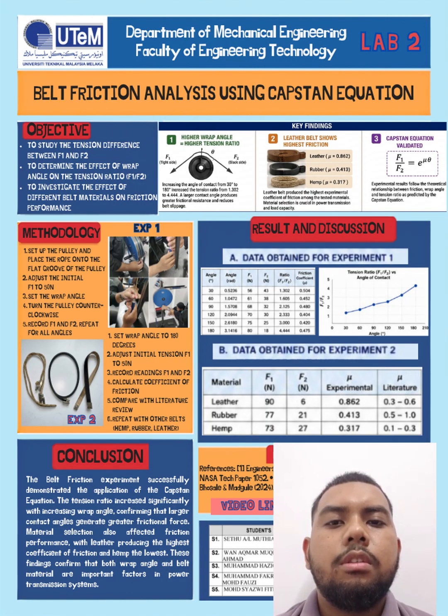Material selection also affected friction performance, with leather producing the highest coefficient of friction and hemp the lowest. These findings confirm that both wrap angle and belt material are important factors in power transmission systems.